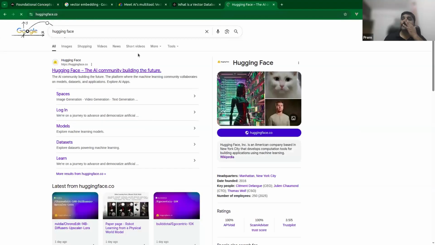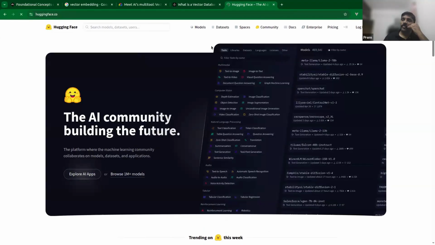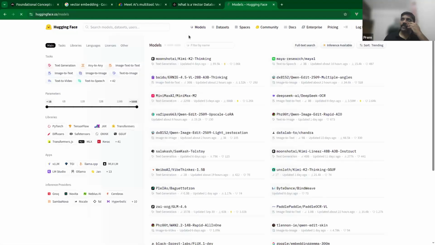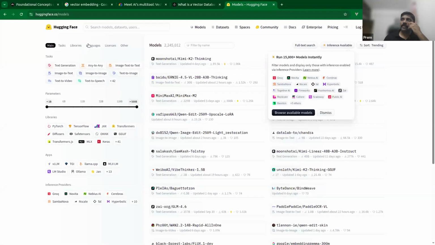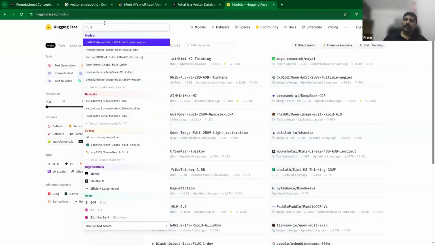Hugging Face is a place where many open source models are available. You can go to models and search for embedding.